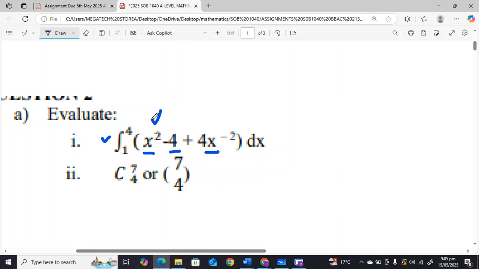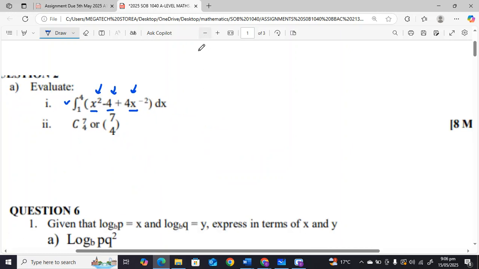So we want to first integrate x squared, and we integrate this 4 and this 4x to the power negative 2. I want to hear the answers, so that's what I'm just waiting for.